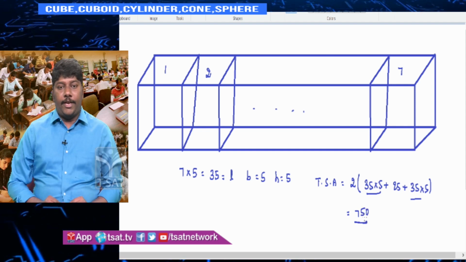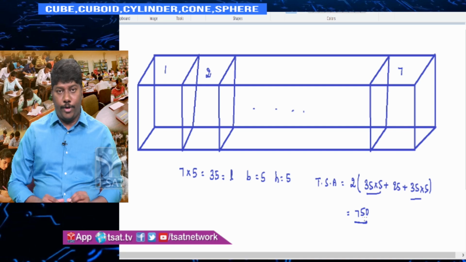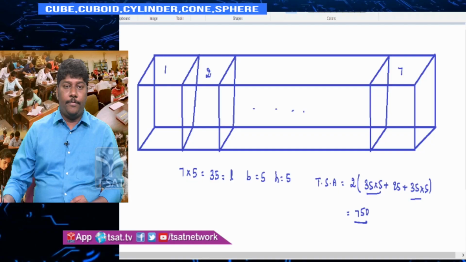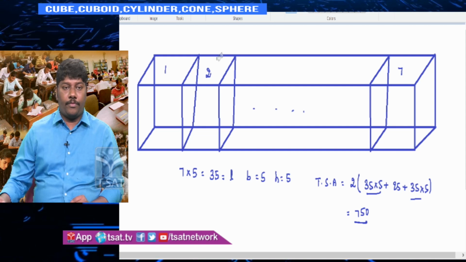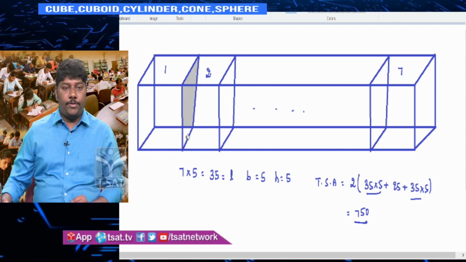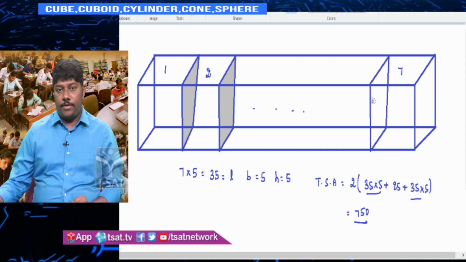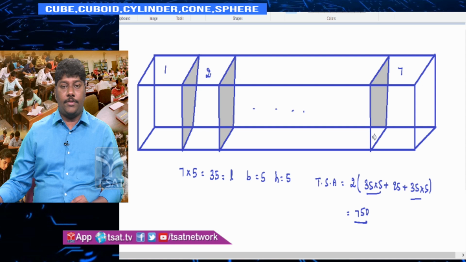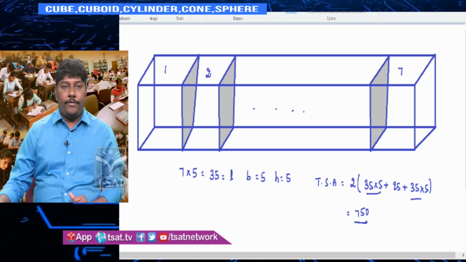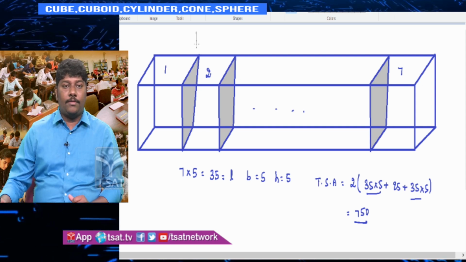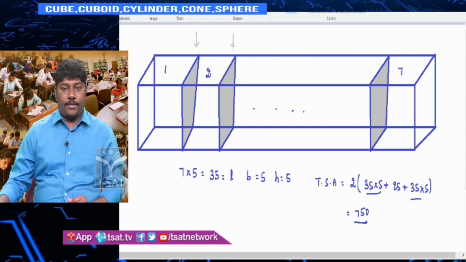This is one way of finding the surface area of the cuboid, or else you can find it another way also. Let's look at this figure. Here, by joining the cubes, at every joint you are joining 7 cubes. There are 6 joints. At every joint you are losing 2 square surfaces.